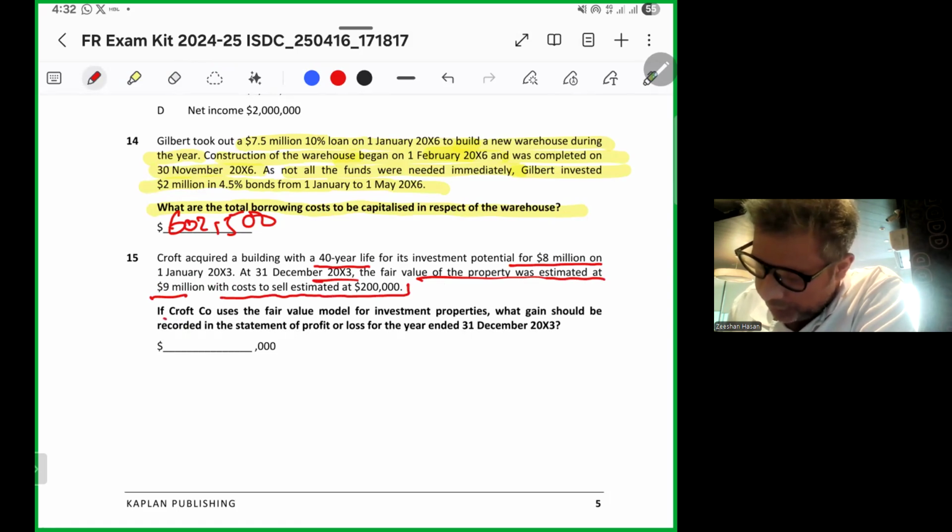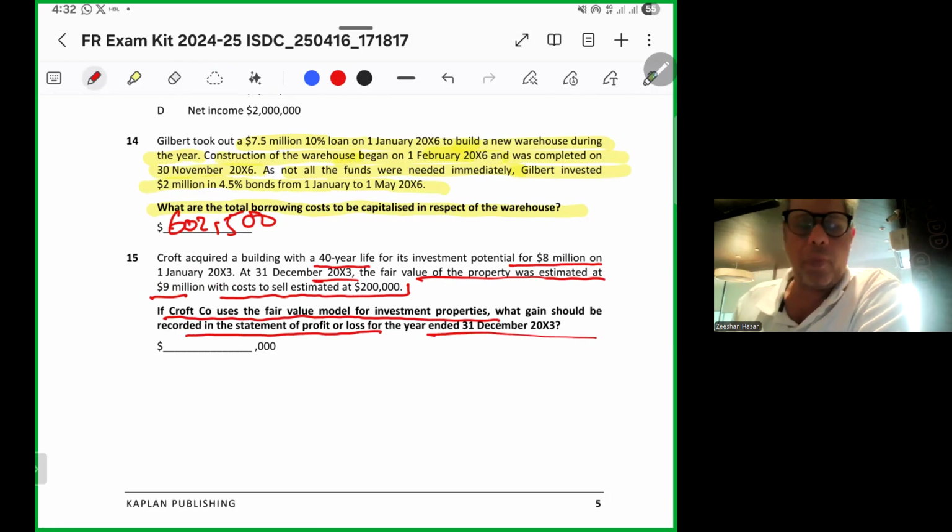If Croft Company uses the fair value model for investment properties, what gain should be recorded in the statement of profit or loss for the year ended 31st December X3? I hope you get it till here.